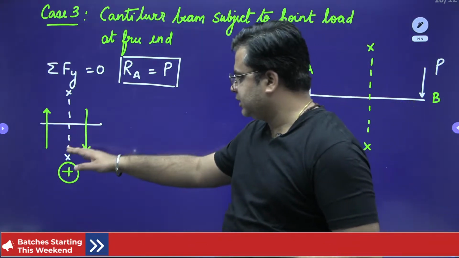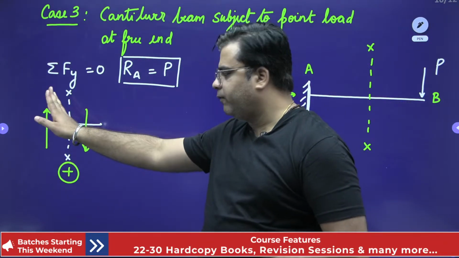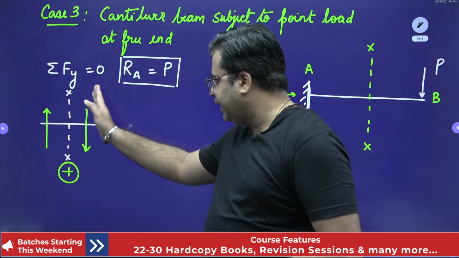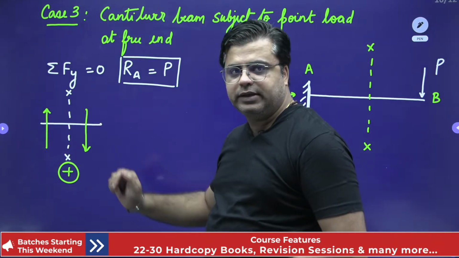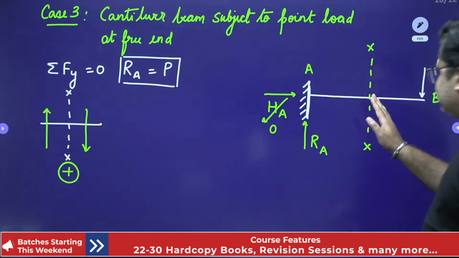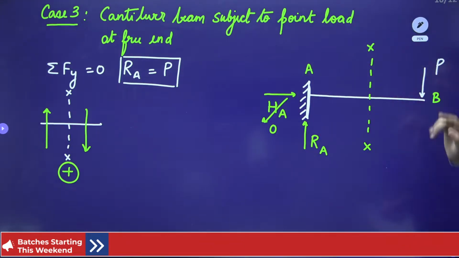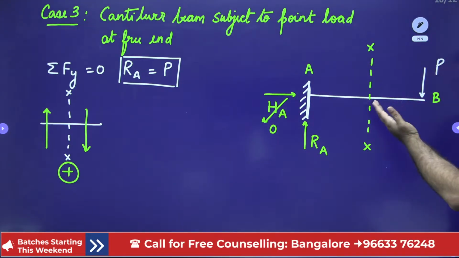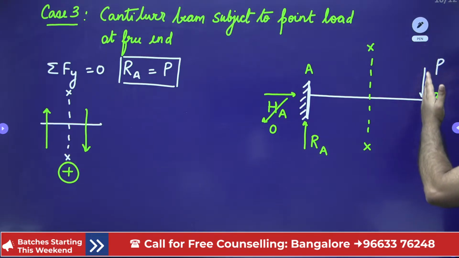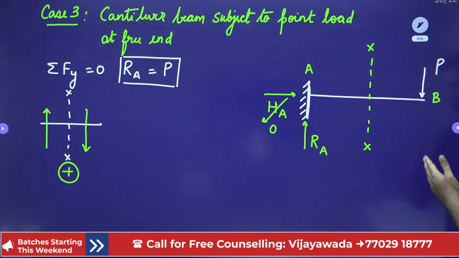Just remember this, okay? Because this will not create any confusion. Any load on the left upward is positive, and on the right, if it is downward, it is positive. Here we are considering the right of the section, and when you look towards the right of the section, this load is coming downwards, hence it will be drawn as positive in the shear force diagram.